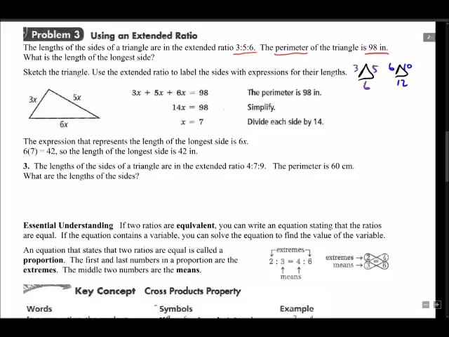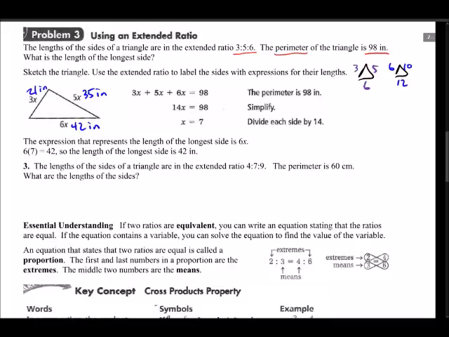Those have to sum to 98. We find that x equals 7, and we simply substitute back in. 3 times 7 is 21 inches, 5 times 7 is 35 inches, and 6 times 7 is 42 inches.